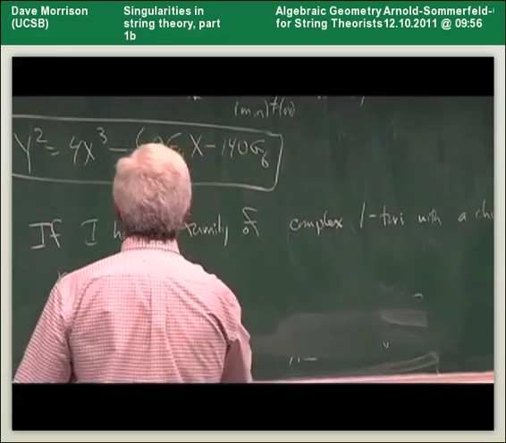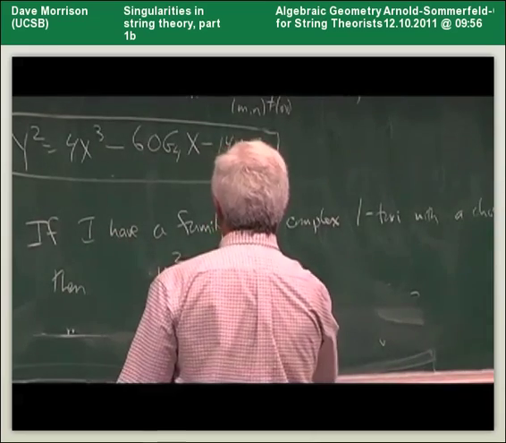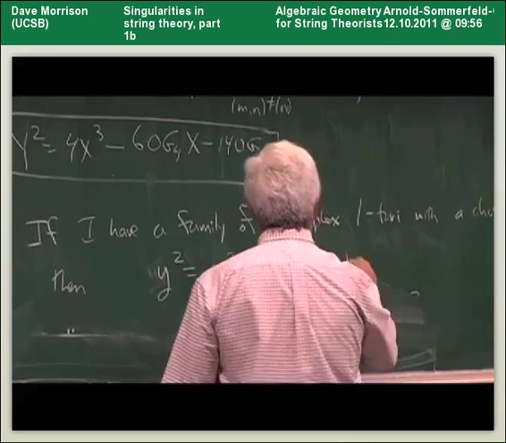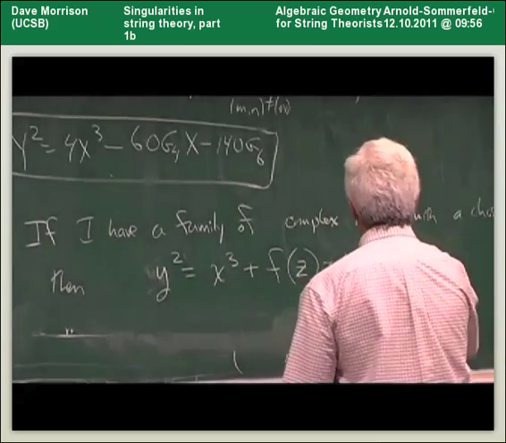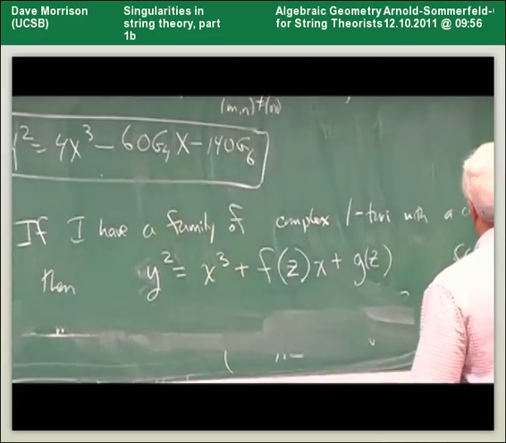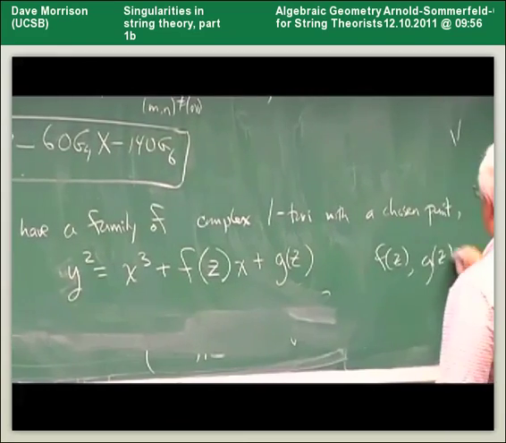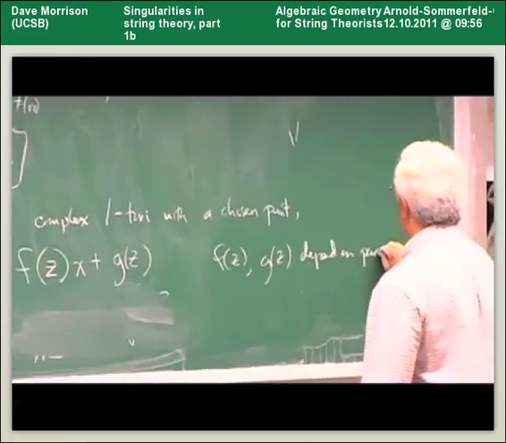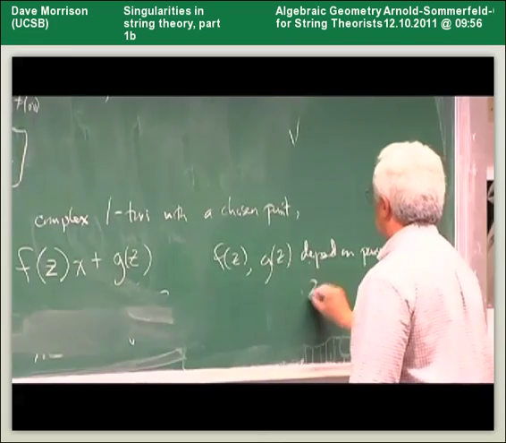Y squared, well, I'm going to change the normalization, so I'll change to lowercase letters. y squared equals x cubed plus f of z x plus g of z, where f of z and g of z depend on the parameter z of the family.